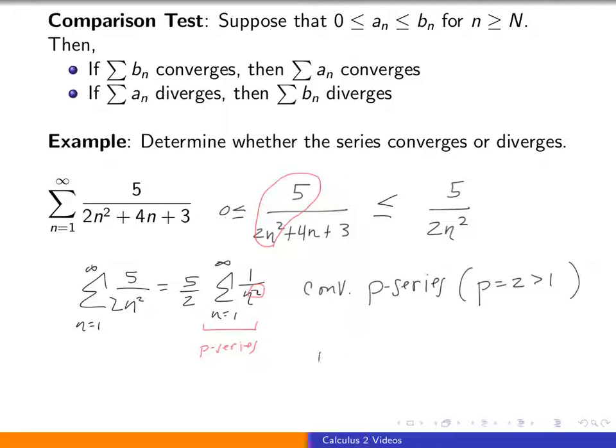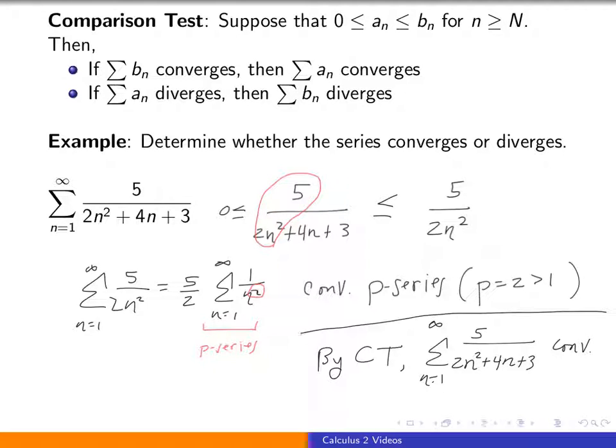So our conclusion is, by the comparison test, and we can always use just CT for comparison test, it follows that the series we are interested in, the sum from n equals 1 to infinity, 5 over 2n squared plus 4n plus 3, converges. And as mentioned previously, we should always include a conclusion which shows the original series, whether it converges or diverges, and by what test we are using.